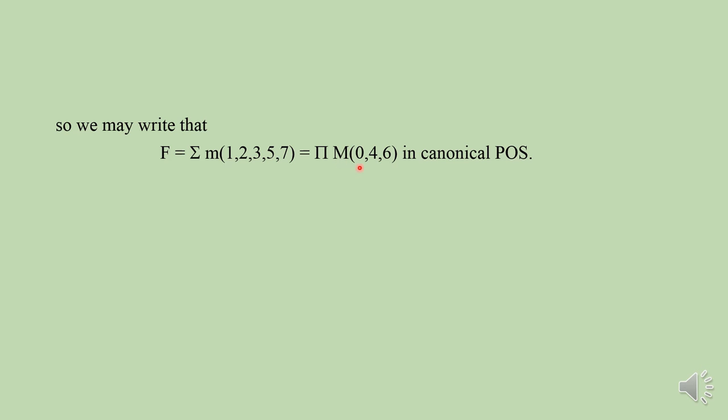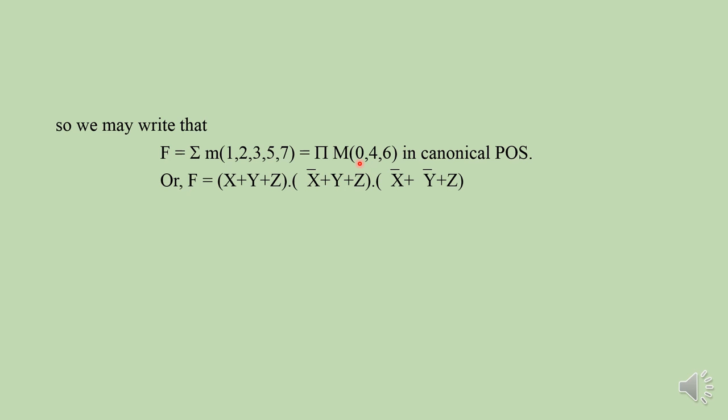So how do we represent this canonical POS form? That is F equal to 0. 0 means, in POS form, we know that the uncomplemented variable is represented by 0 and the complemented variable is represented by 1.